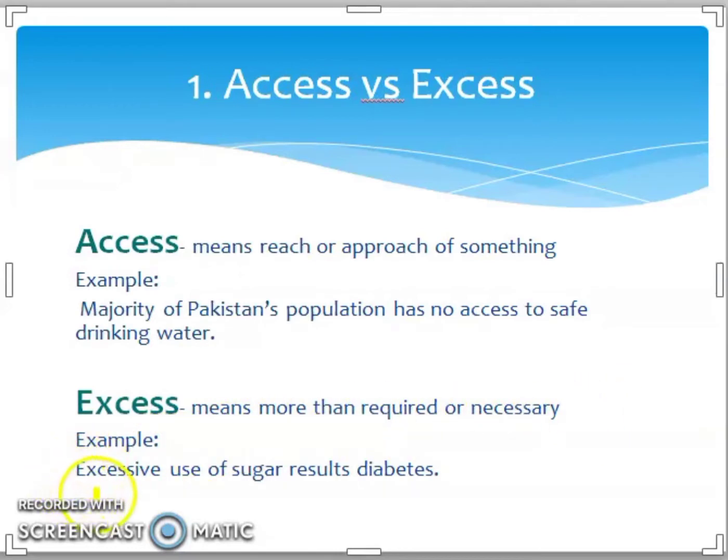Example: excessive use of sugar results in diabetes. Yeah, it's true, right? Using sugar in a large amount, or more than required or necessary, will result in what? Diabetes. So let's move to the next.